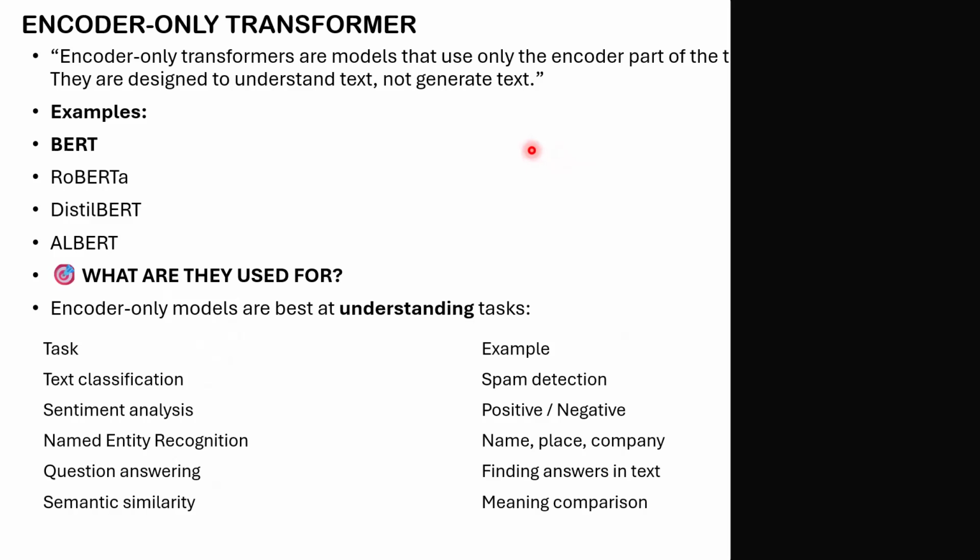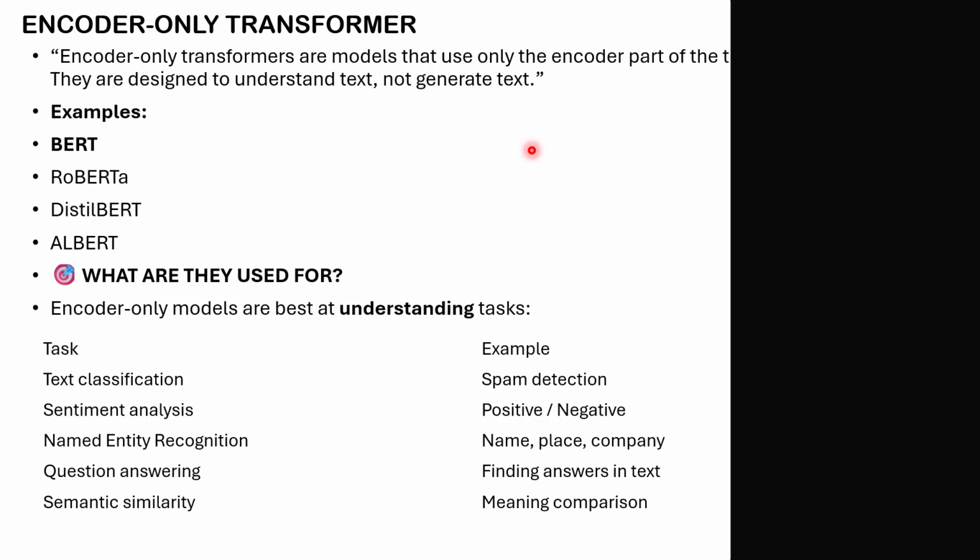Encoder-only models use only the encoder part of the transformer architecture. The encoder's job is to read and understand the input text. Encoder-only models are not used for generating new text. They are used to understand the input text deeply.